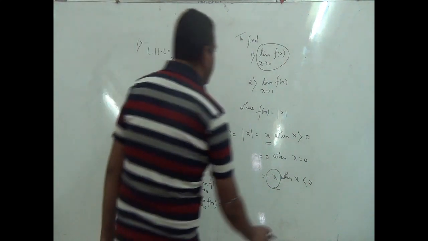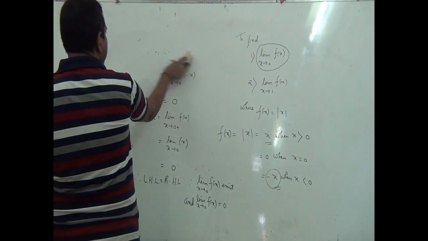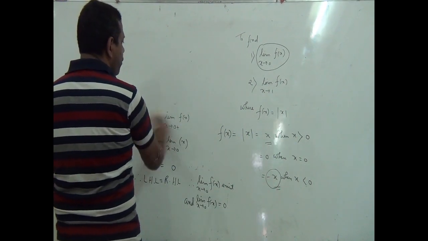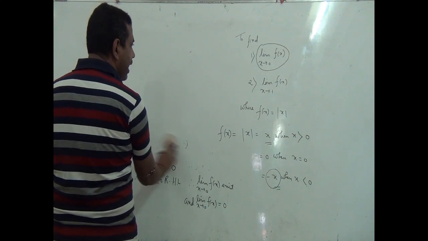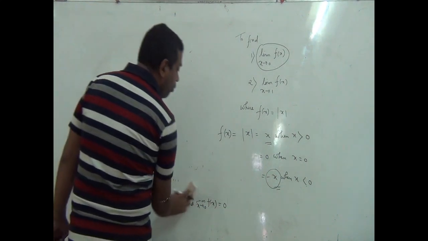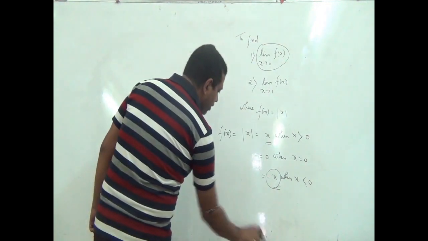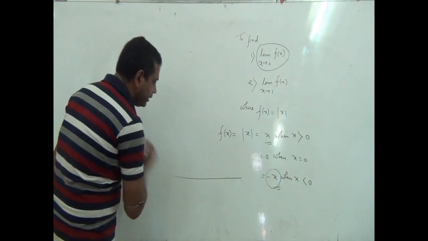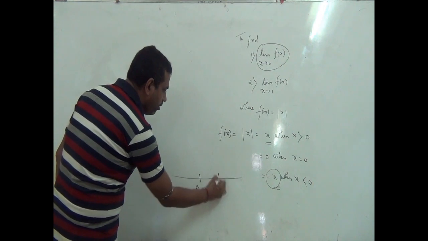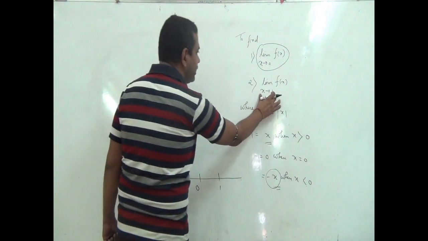Now we move to the second problem. In the second problem, we want to find limit x tends to 1 f of x. Now we take a number line, 0, 1. Here x tends to 1.